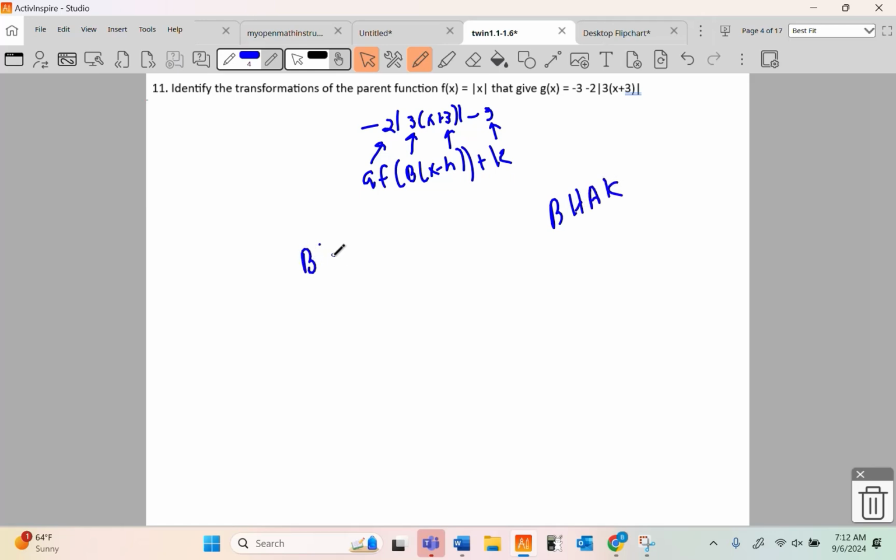B is 3. It's inside. It's opposite of what you think. So it's opposite. We're not making this thing 3 times as wide. We're making it 1/3 as wide. This is a horizontal compression.